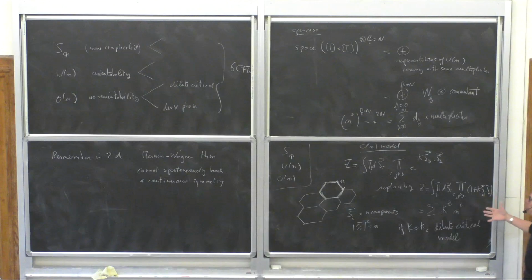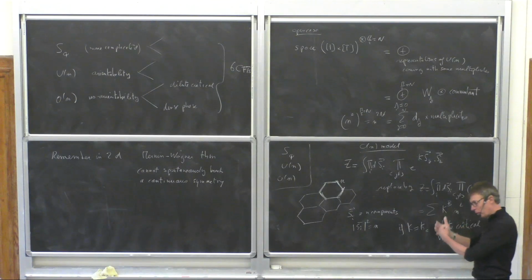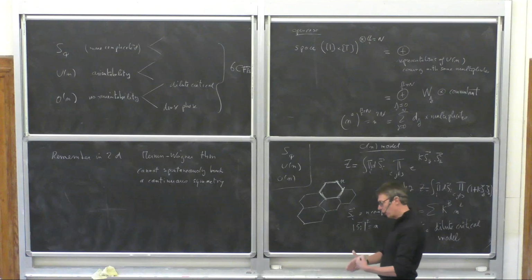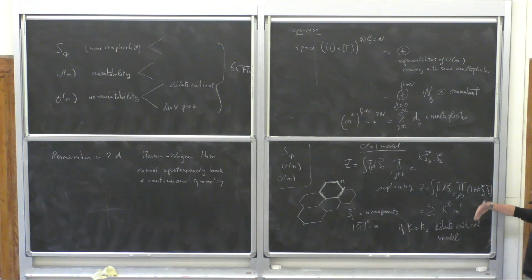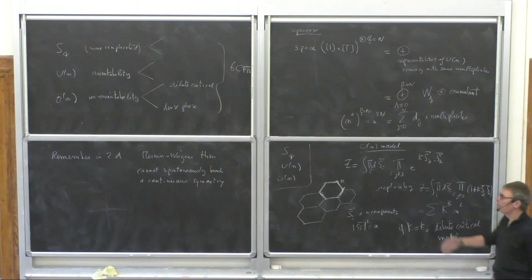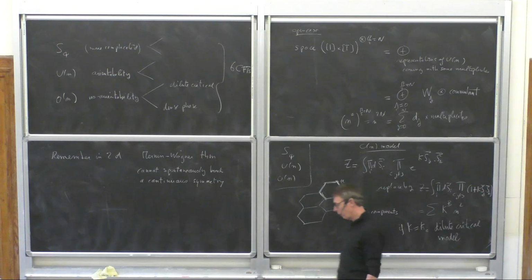The phenomenology we're looking after is inspired by the Ising model. It has a high temperature phase, a low temperature phase, a critical point. We would expect that these models would behave like the Ising model. How can they behave like the Ising model if the Mermin-Wagner theorem prevents them from doing so?